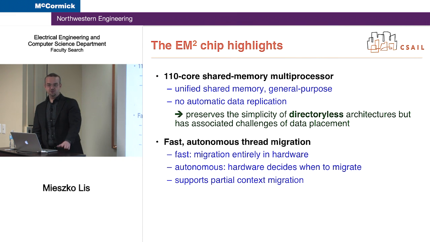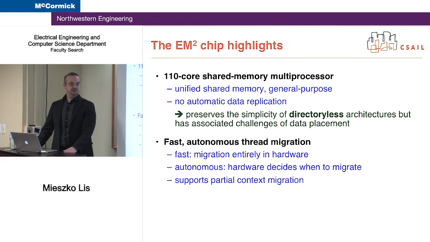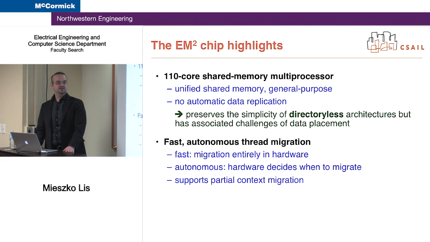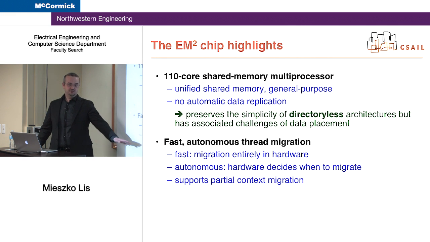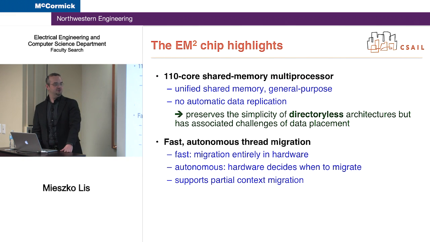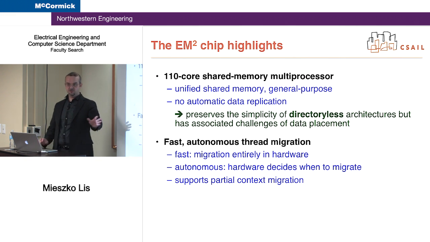And the key contribution of this chip is that it implements this thread migration that is very quick and autonomous in hardware. In fact, there's no RTS or software involvement. It's the hardware that decides when it should migrate, and I will show how we do that. And it supports partial context migration in the way that I described.